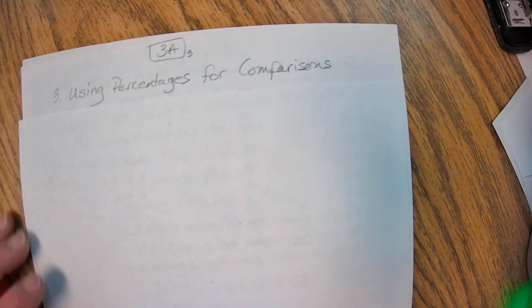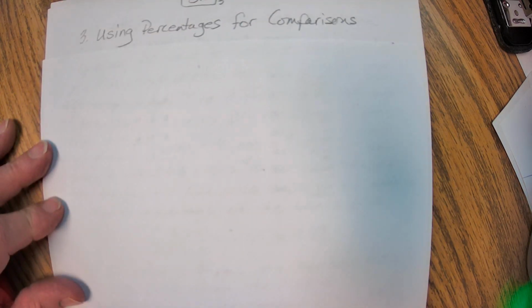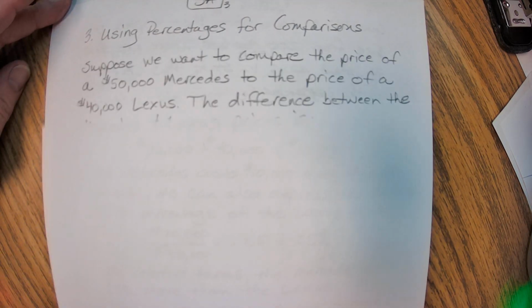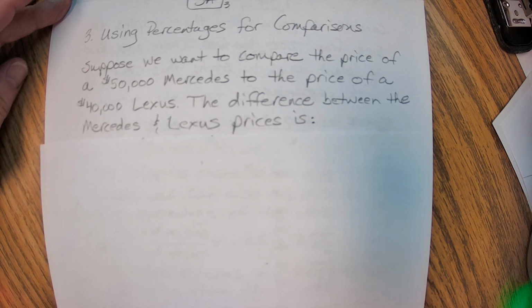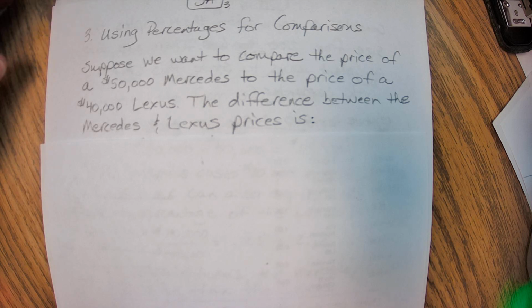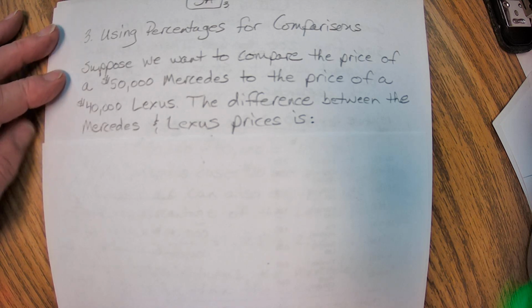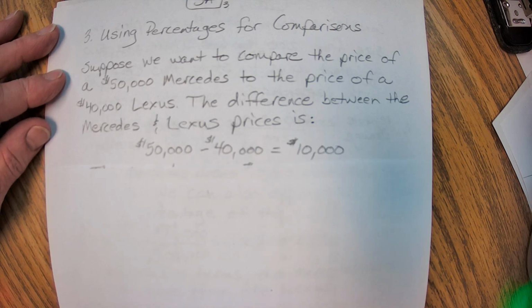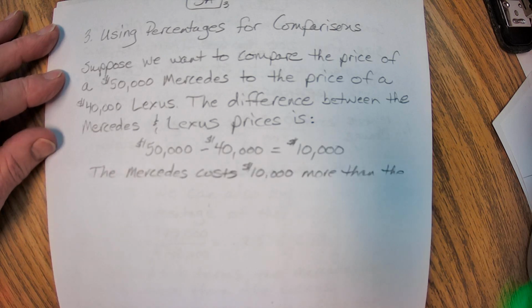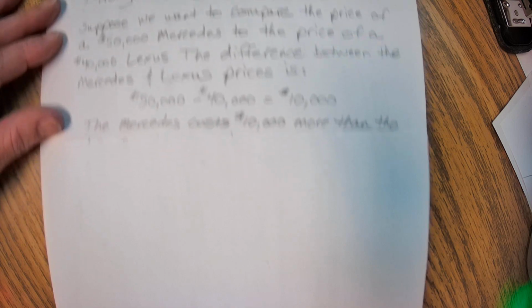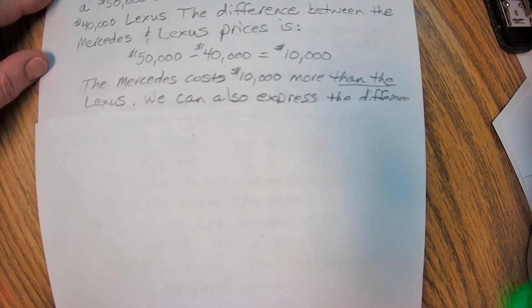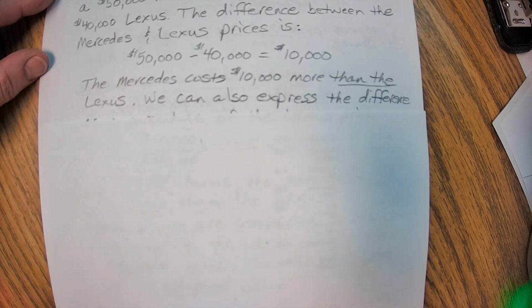All right. The third way that we use percentages is for comparisons. So let's say we want to compare the price of a $50,000 Mercedes to the price of a $40,000 Lexus. The difference between the Mercedes and Lexus price, so the absolute change, is $10,000. So the Mercedes costs $10,000 more than the Lexus.